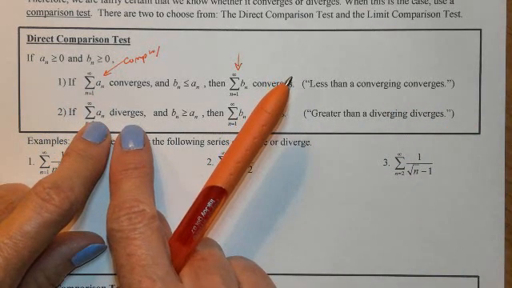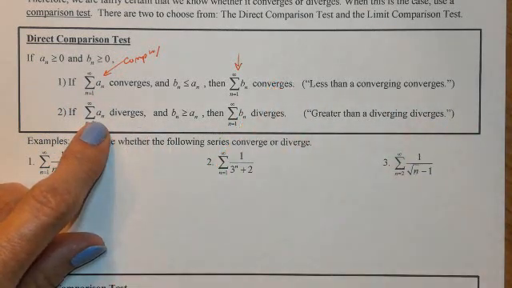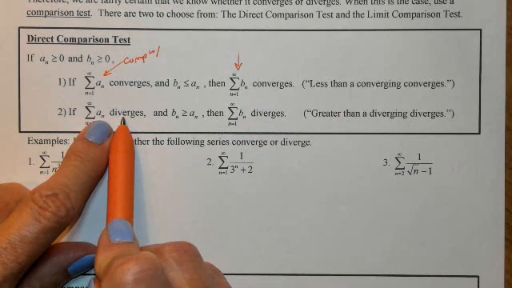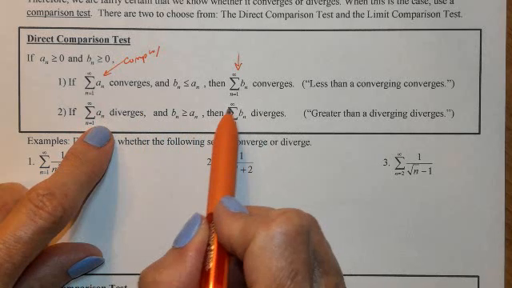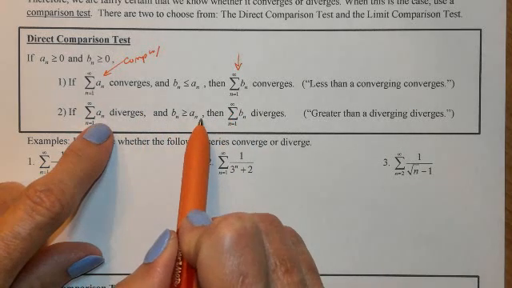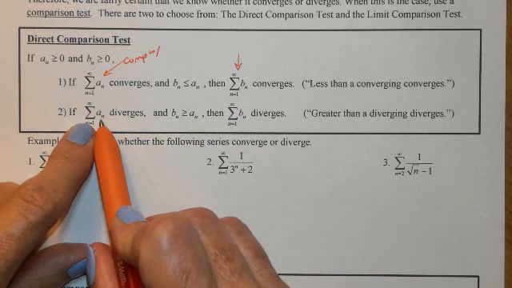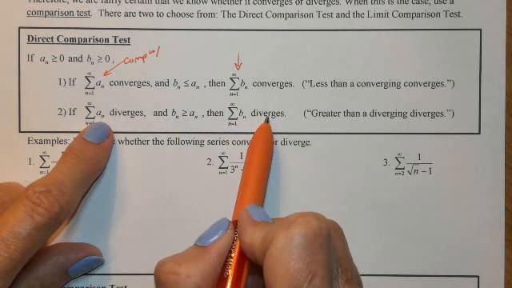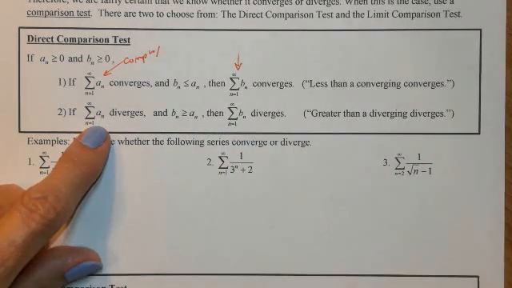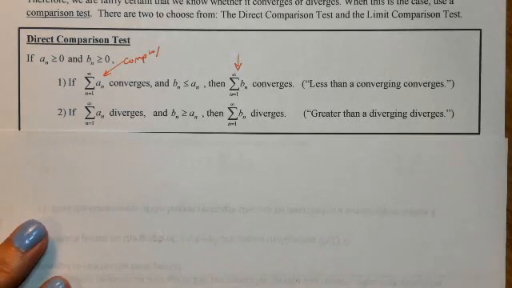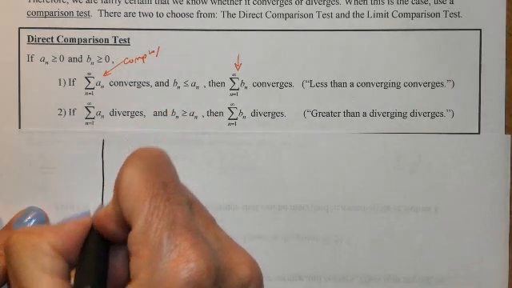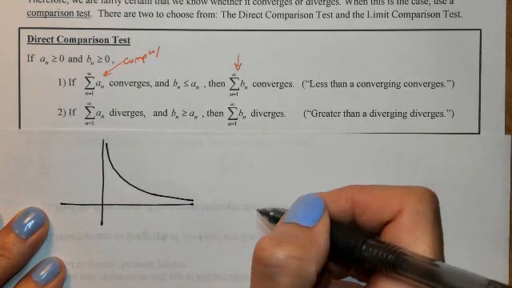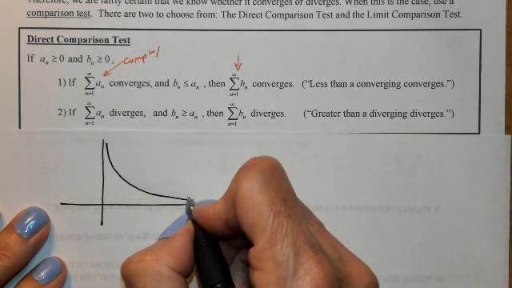Thinking opposite, if this A sub n diverges, then we need all of our B sub n to be bigger than every one of these, to say that it diverges. So if I graphed A sub n, and yes, it went to 0, but not quickly enough to converge, it diverged.